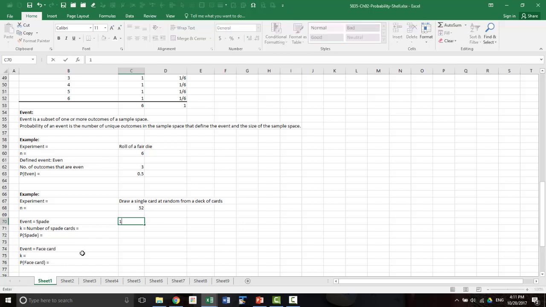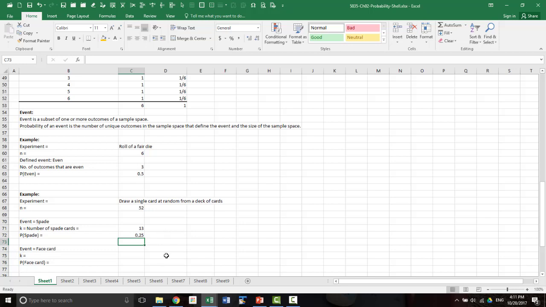That will be 13 of them. So the event is spade, and k, the number of spade cards, is 13. So now the probability of spade is k divided by n, k being the number of outcomes in the sample space that satisfies the event, and n being the number of outcomes in the sample space.